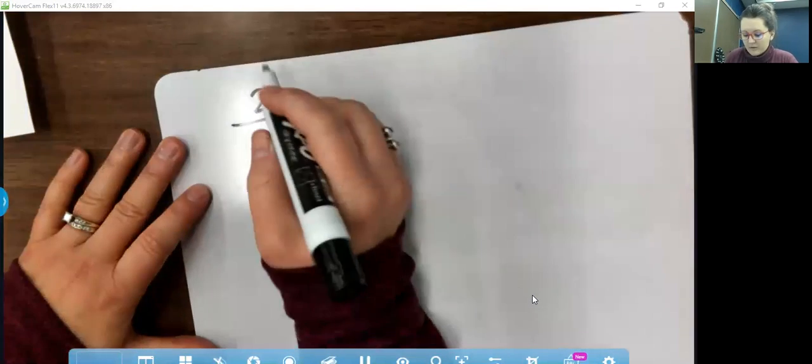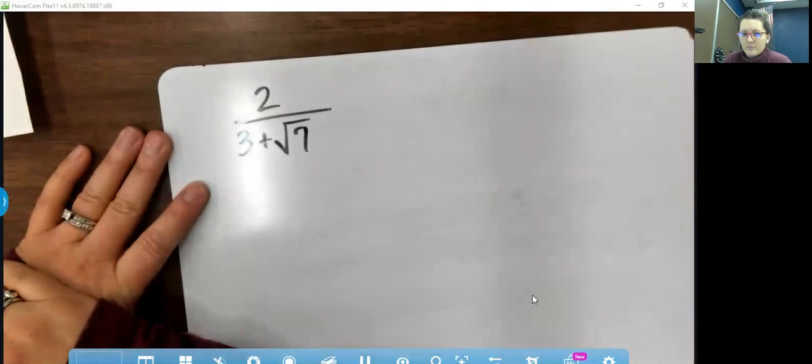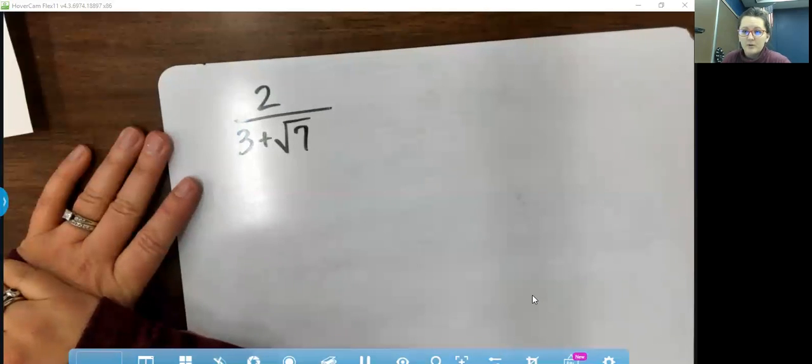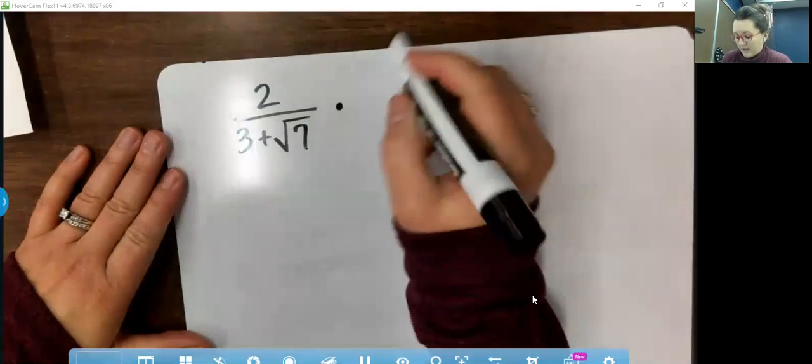So remember, in rationalizing the denominator, you want to multiply the fraction by a form of 1 without changing the value of the fraction. And so the only way that I can change the number without changing its value is multiplying it by 1. That's the multiplicative identity property, right? How do I make it the same without making it the same?